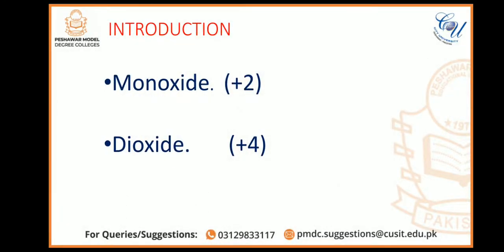So dear students, group 4th elements give two types of oxides: monoxide with oxidation state +2 and dioxide with oxidation state +4.